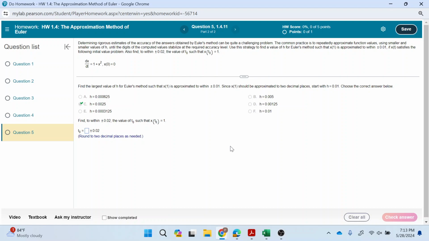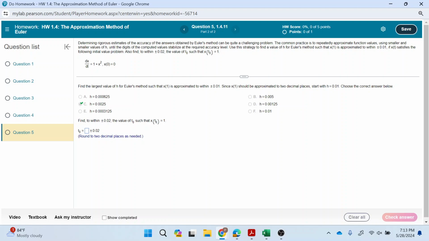Okay. Now, next question, what they are asking you is, hey, this time we're not looking for the value of x. We're looking for the value of t such that the value of x at that t would be 1. Keep in mind, that value of t is supposed to be within this 0.02 range.